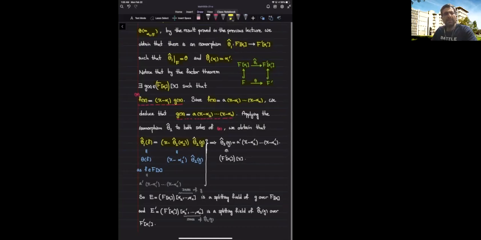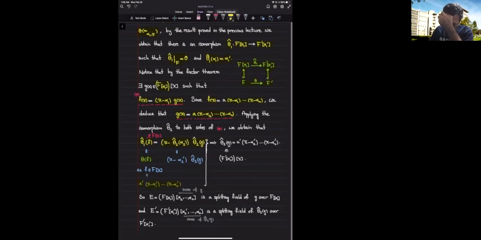But remember, theta 1 hat restricted to the field F was the same as theta. And the polynomial f belongs to this smaller field. Therefore, theta 1 hat applied to f is nothing but theta of f. So we get the equality that this is the same as theta of f, and theta of f, we assumed, is equal to a prime times the product of these degree 1 factors.